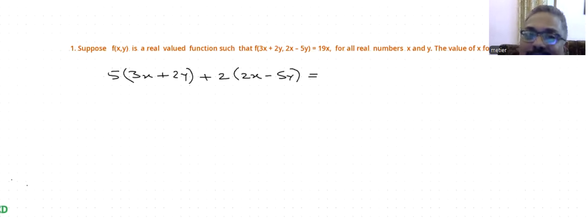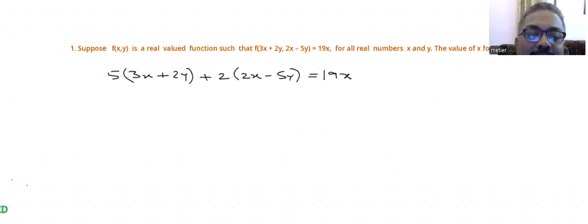Wow, 19x. 5 into 2, 10. 2 into minus 5, minus 10. So we are very much lucky that the function is nothing but 5 into (3x plus 2y) and 2 into (2x minus 5y).